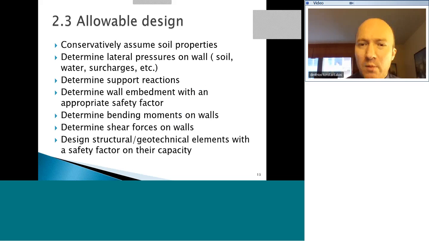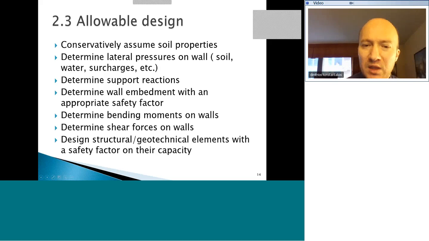Now let's look at the allowable stress design, or allowable design, methodology. This is what has been done for ages. We conservatively assume soil properties. We determine the lateral pressures on the wall, whatever they are: soil, water, surcharges, and so on. We use an analysis method to determine the support reactions.